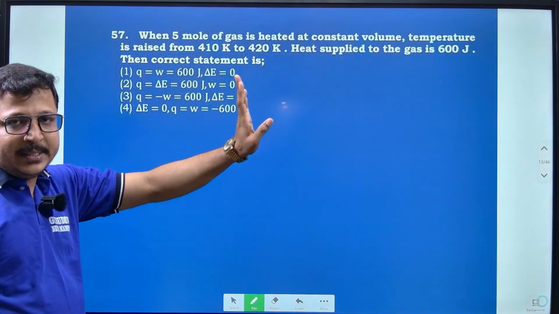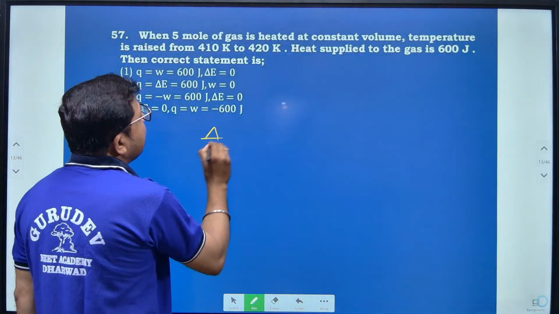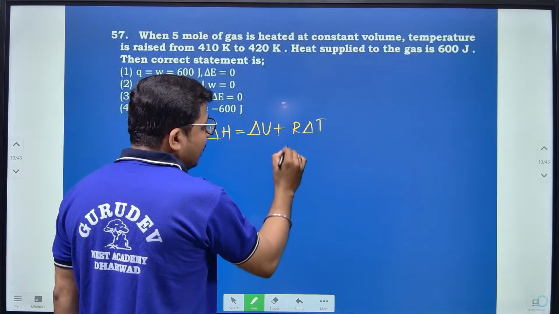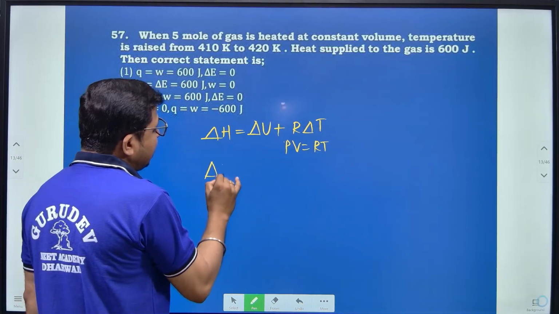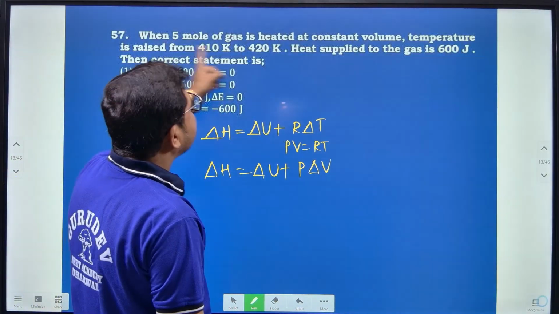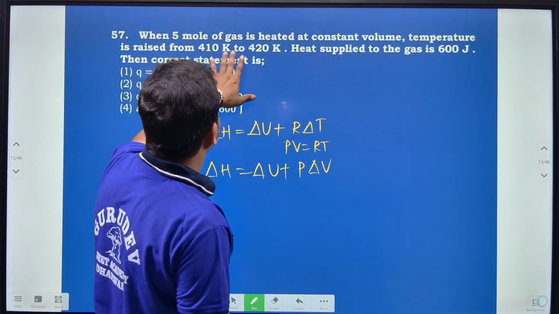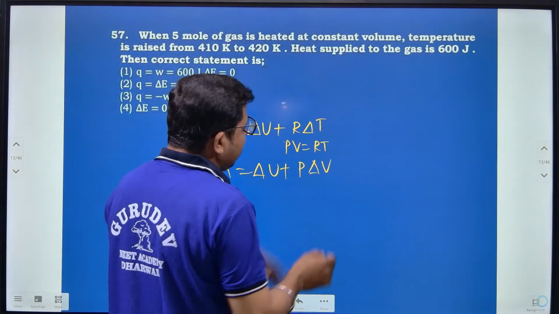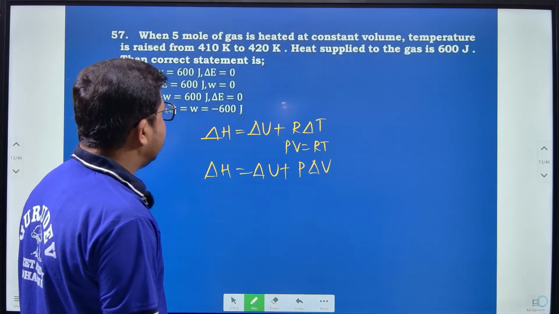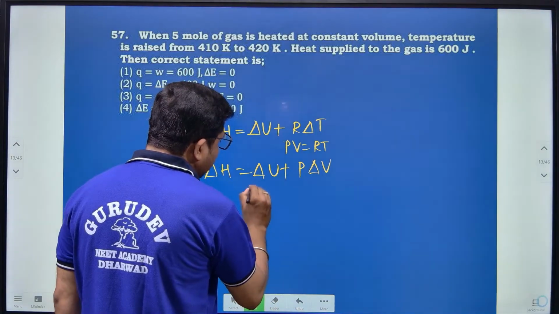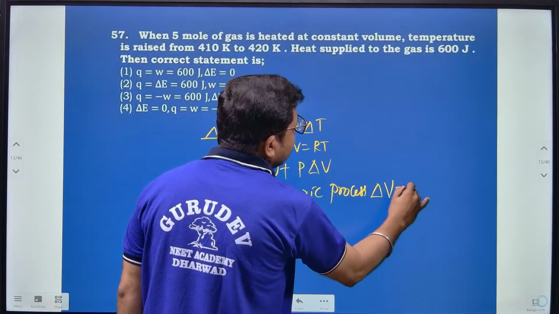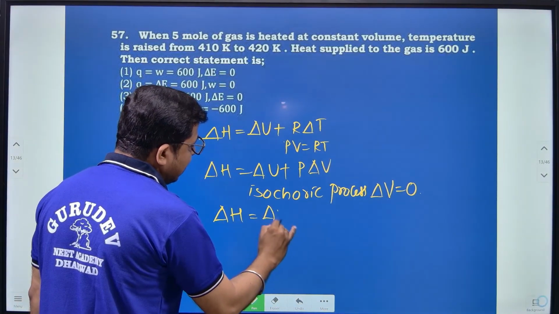Then the correct statement is: we all know the thermodynamic equation, delta H is equal to delta U plus R delta T. But we know that PV is equal to RT, therefore delta H is equal to delta U plus P delta V. During the isochoric process, delta V is equal to 0, hence delta H is equal to delta U.